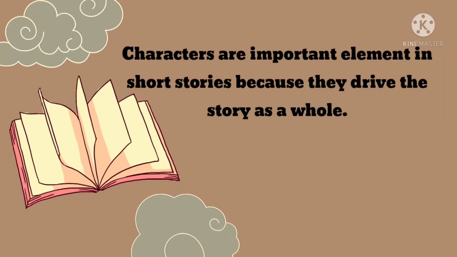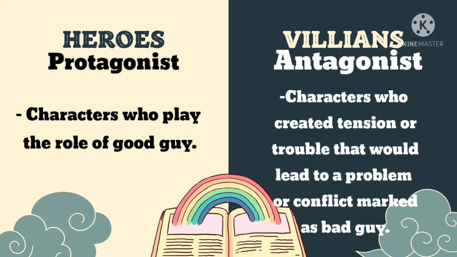Characters are important elements in short stories because they drive the story as a whole. Mostly, there are two types of characters in the story: the heroes or the protagonist, and the villains or the antagonist. Heroes or protagonists are the characters who play the role of good guy.